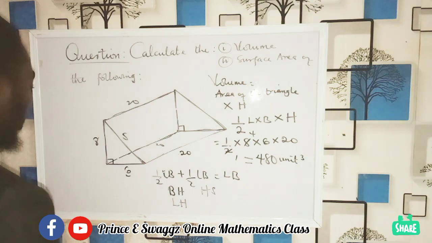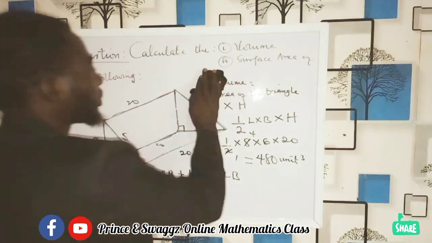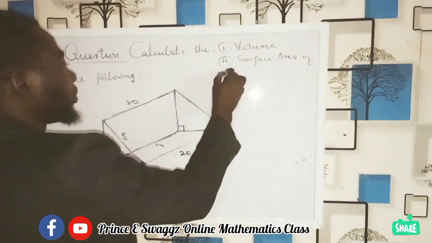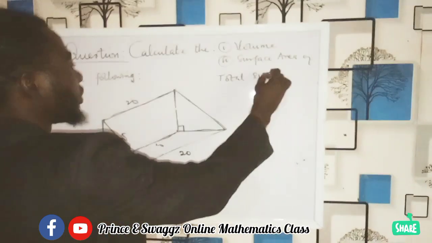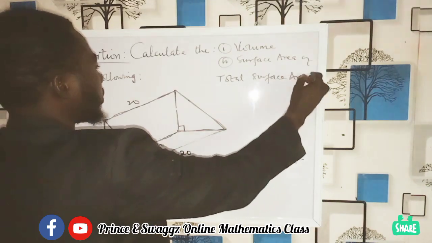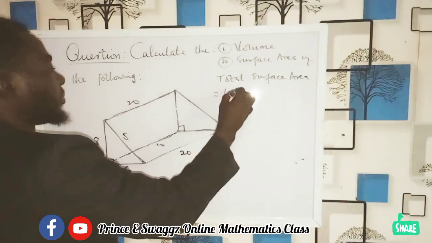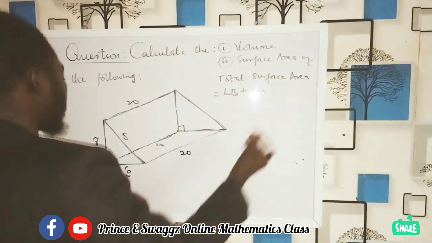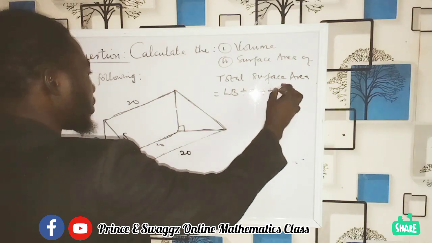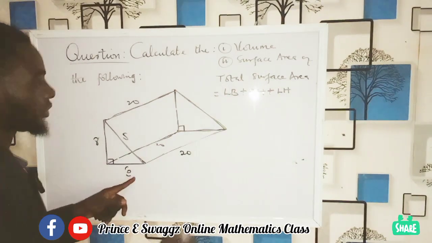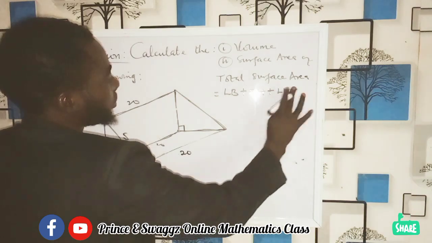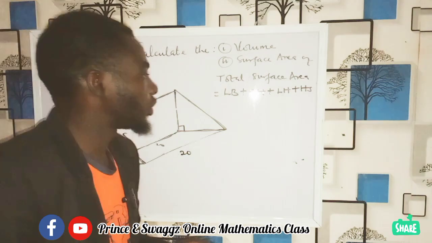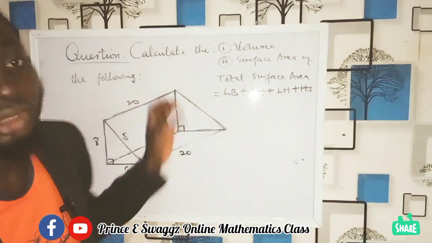So our formula for total surface area is going to give us LB plus BH plus LH plus HX. And that is how we are going to get the total surface area.